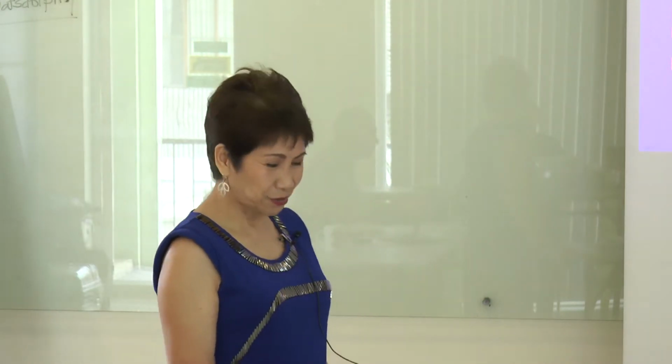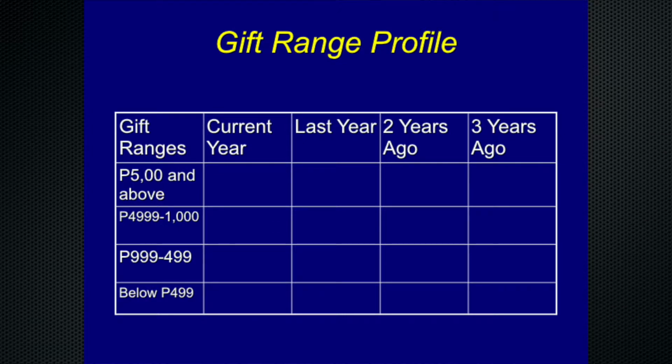And you can do it through salary deduction, but love begins at home. So we start by engaging the people within our organization to support and contribute to the annual fund.